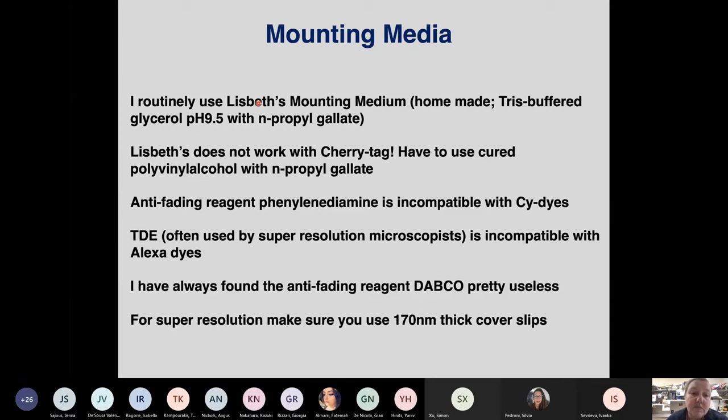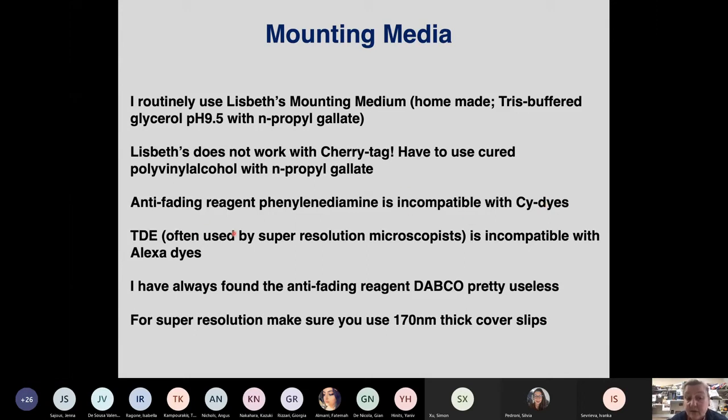In order to prevent fading of fluorochromes, what people often add is these anti-fading reagents. So the one that I tend to add is n-propyl gallate. There are others around. So phenylenediamine is one, for example, that is extremely efficient. But unfortunately, it's not compatible with Cy dyes. So you can't use those two in combination.